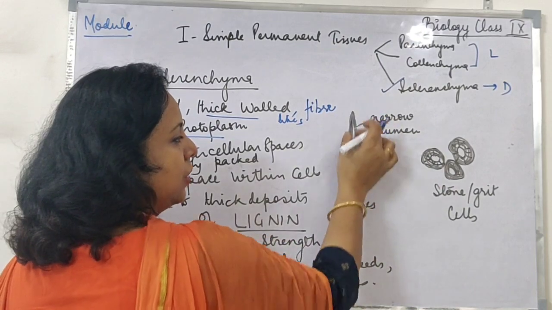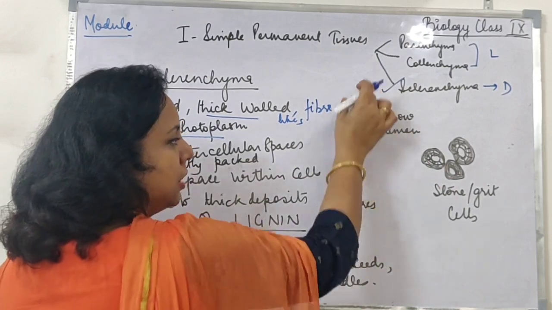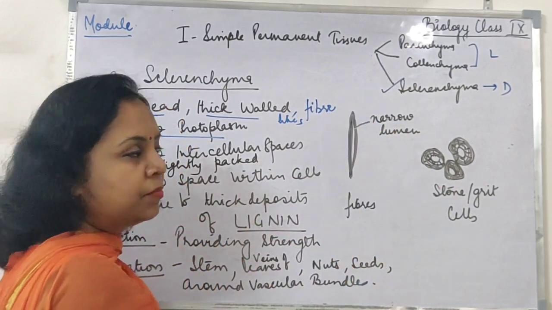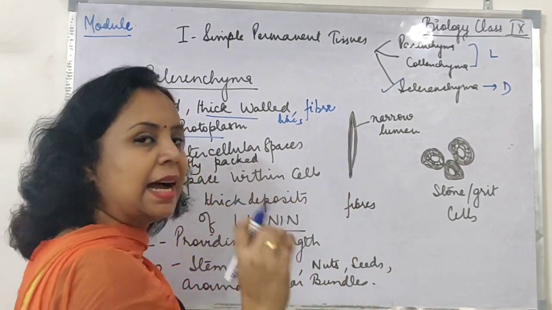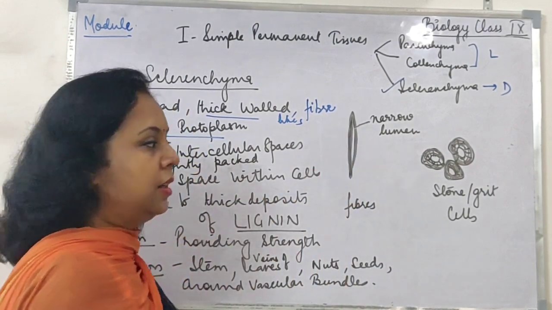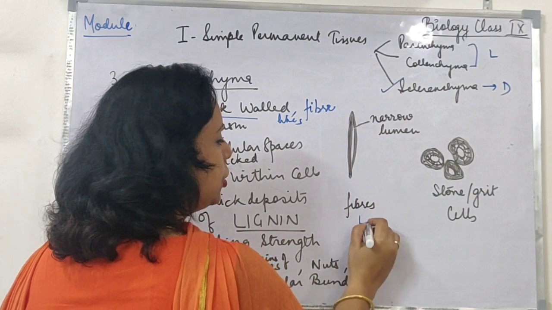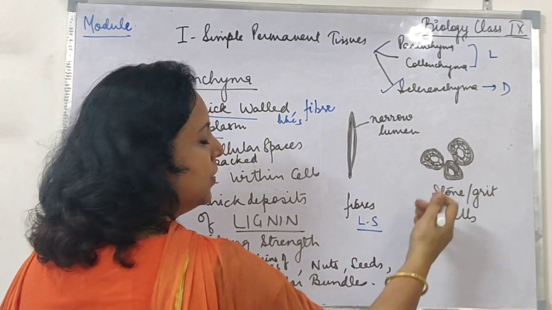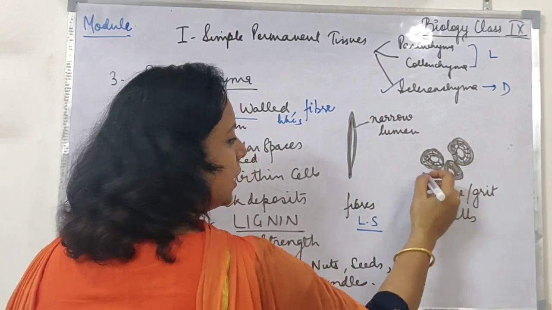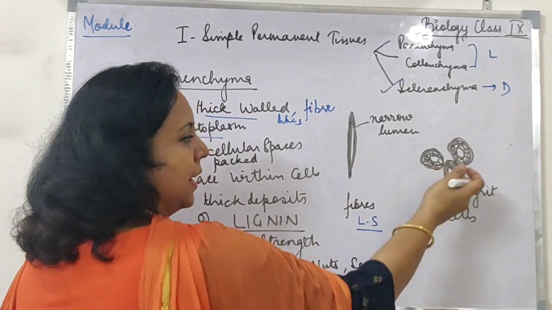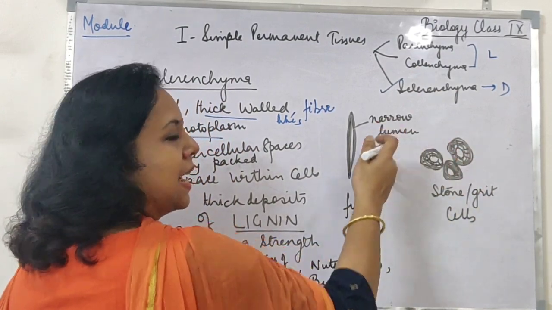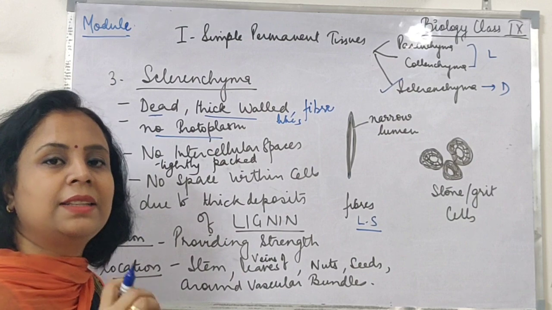What do you see? Only a thick cell wall. Now the cell wall is highly thickened. Over here, this is the longitudinal section. If you see the transverse section, over here you see there is very narrow lumen, very little space.